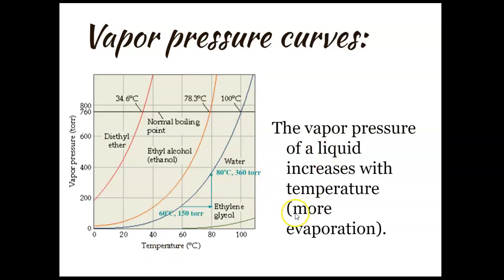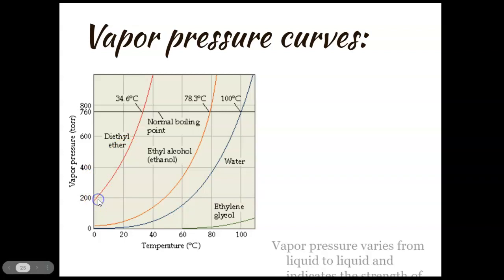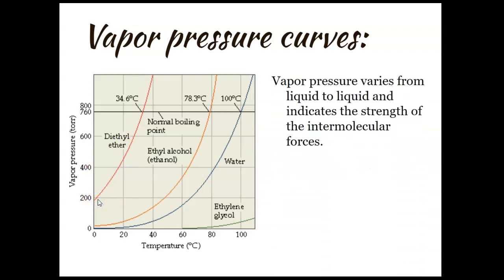All right, so the vapor pressure of a liquid increases with the temperature. With an increase in temperature, more evaporation is happening. So you see the vapor pressure curve. Yes, we have one in our reference table, table H, right? Vapor pressure varies from liquid to liquid.